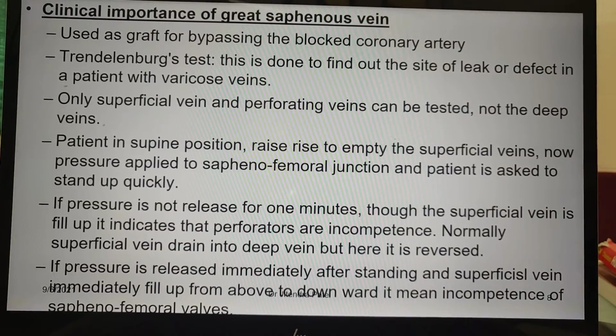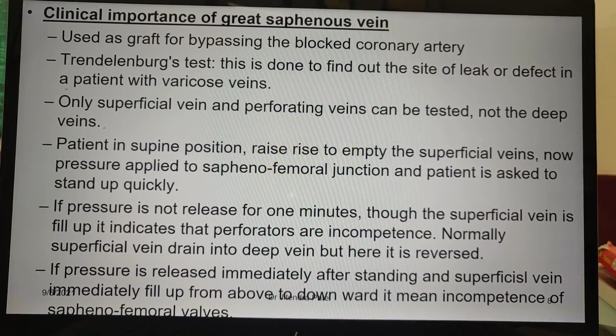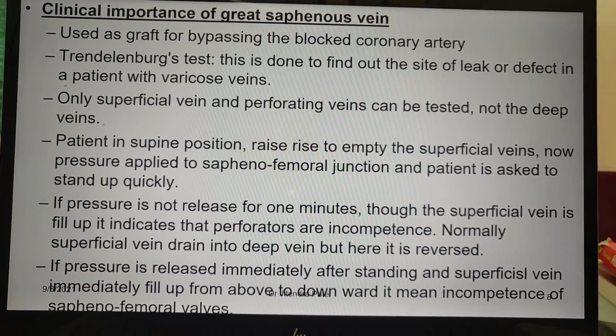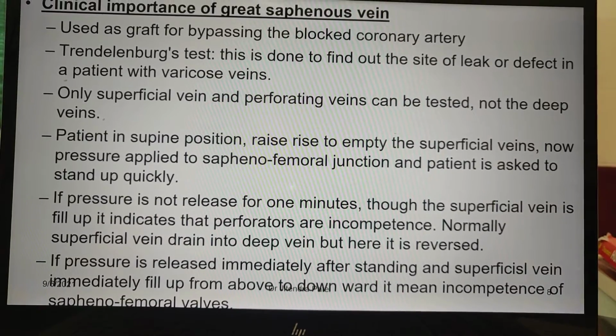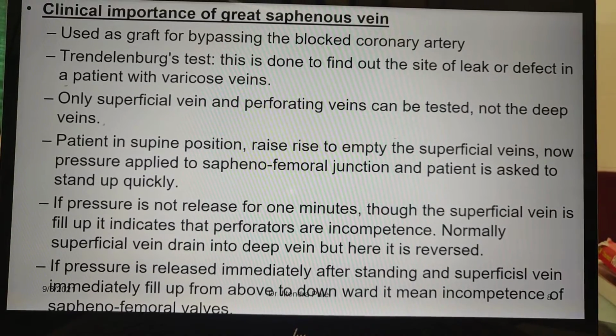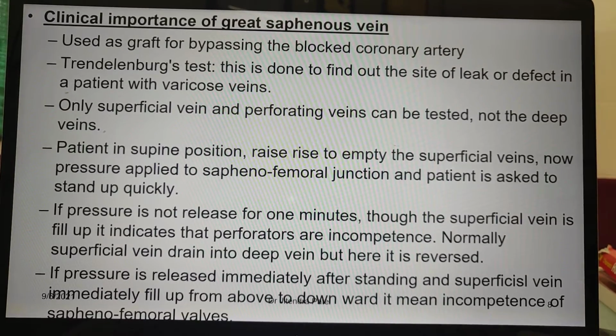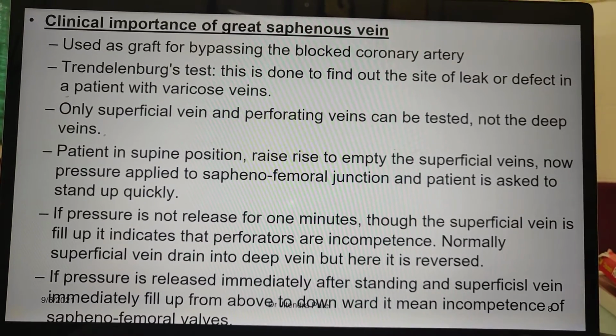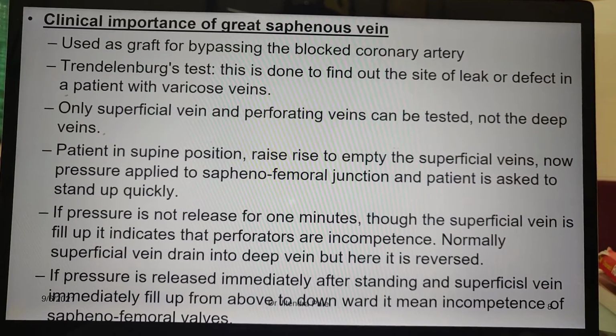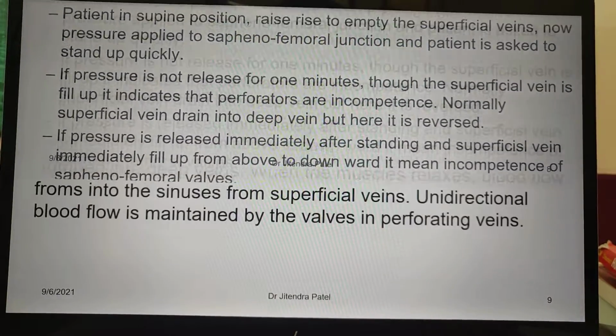Normally the superficial vein drains into the deep vein, but here it is the reverse. If the pressure is released immediately after standing and the superficial vein immediately fills from above downwards, it means there is incompetence of the saphenofemoral valve.